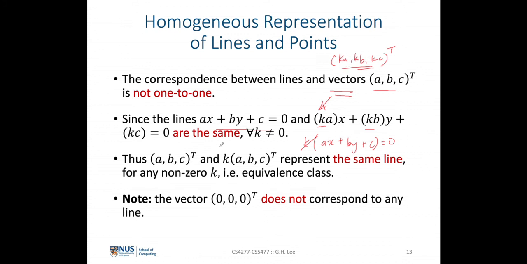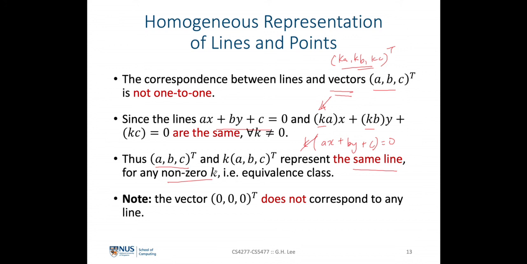values of k. But in this case here, in the homogeneous representation, we say that the 3 vector of a, b, c, and the 3 vector of k a, k b, k c transpose represents the same line for any non-zero k, and therefore what this means is that they are an equivalence class.